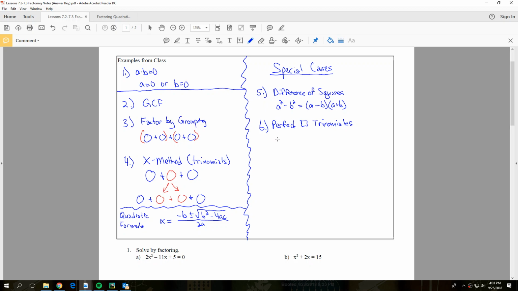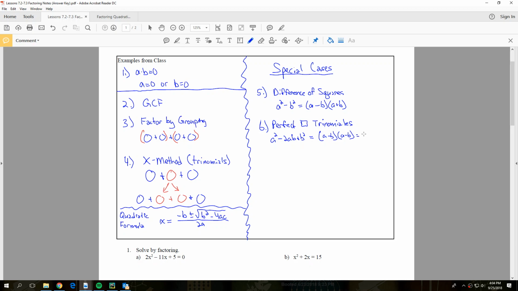If you have something like this, a squared in the formula that we just said, minus 2 times a times b, plus b squared, all right, if it's a minus, then your factors are a minus b times a minus b, okay?